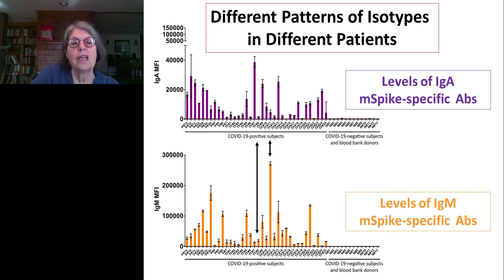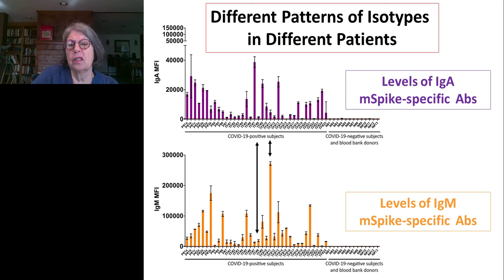And the second arrow shows just the opposite, a patient that had very little IgM, but a great deal of IgA. So different patients have different patterns of responses in different isotype categories.